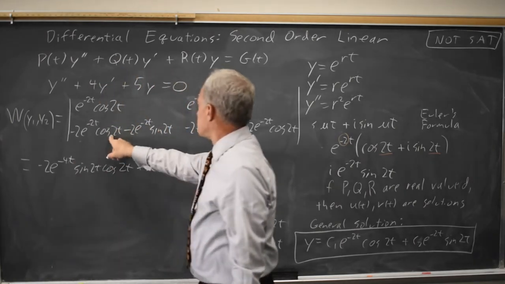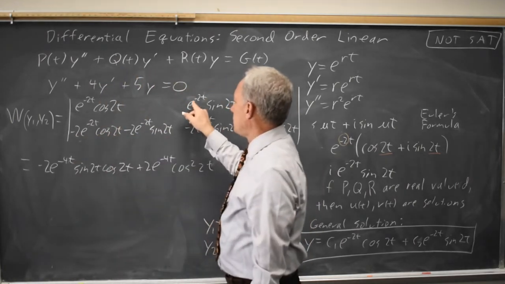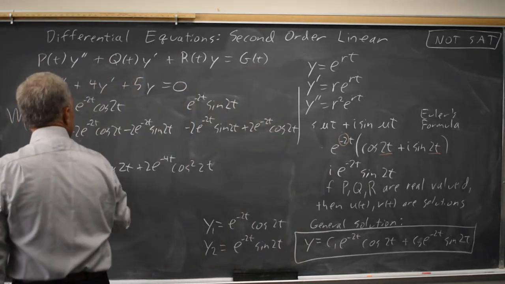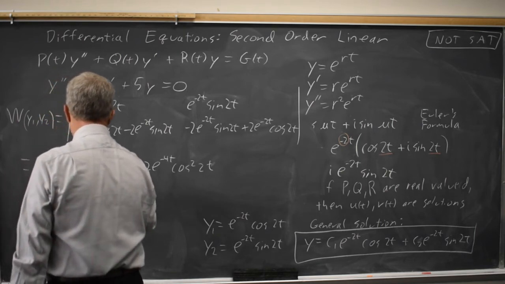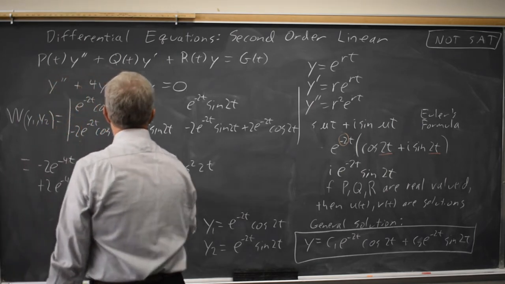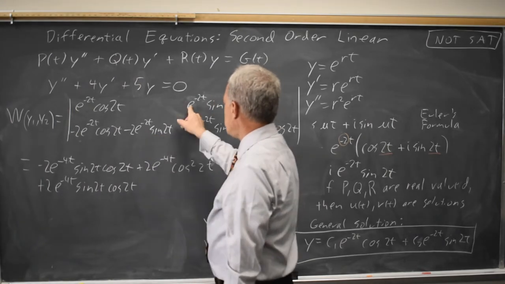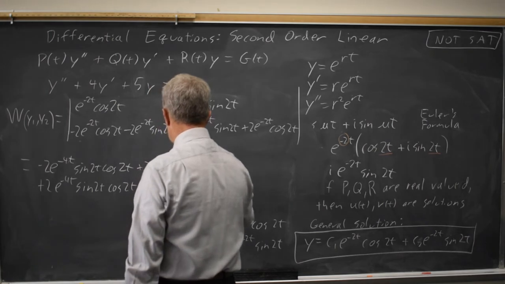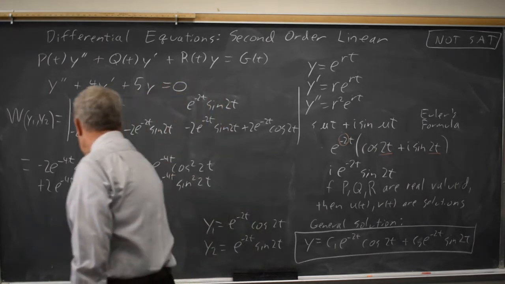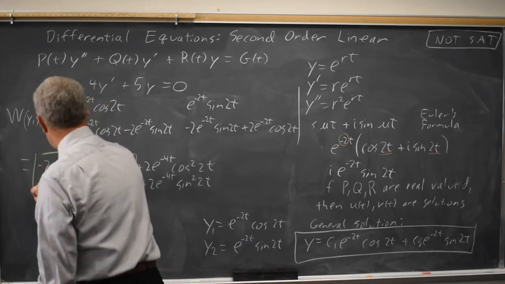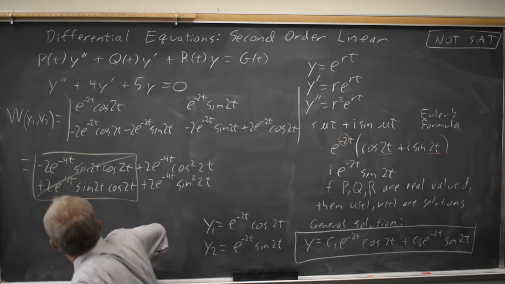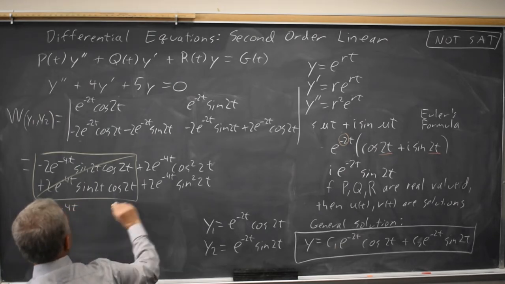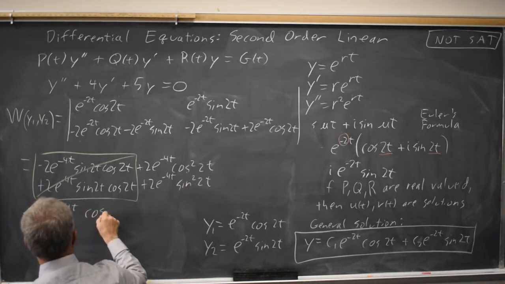And then minus this product, so minus the negatives, plus 2 e to the negative 4t times sine 2t cosine 2t, and then minus the negatives, plus 2 e to the negative 4t sine squared 2t. These two terms cancel, so I'm left with 2 e to the negative 4t, factoring that out, cosine squared plus sine squared of 2t.